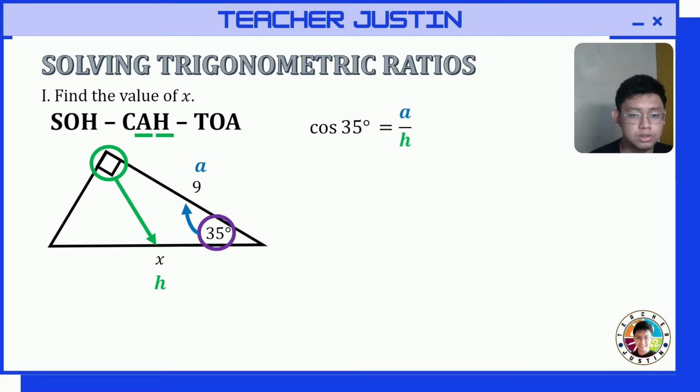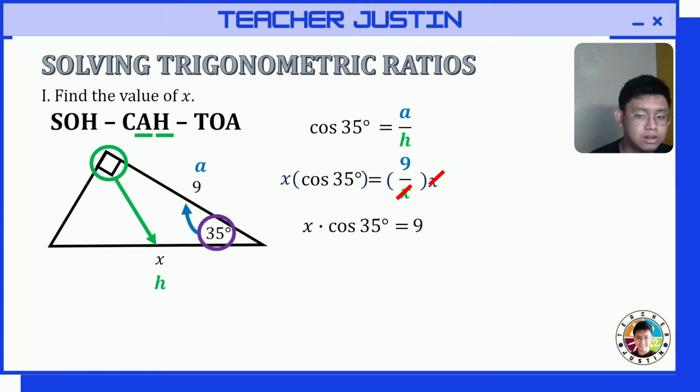So let's substitute their value, giving us cosine 35 degrees is equal to 9 over x. Let's remove the variable x in our denominator by multiplying both sides by x. We will have x times cosine 35 degrees is equal to 9. Then let's isolate the variable x by dividing both sides by cosine 35 degrees.